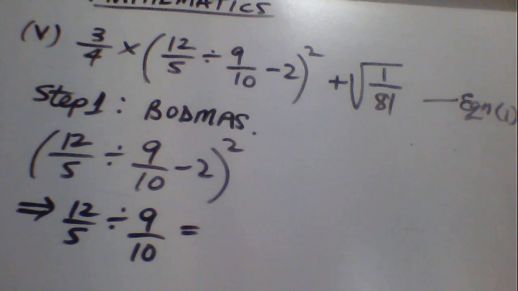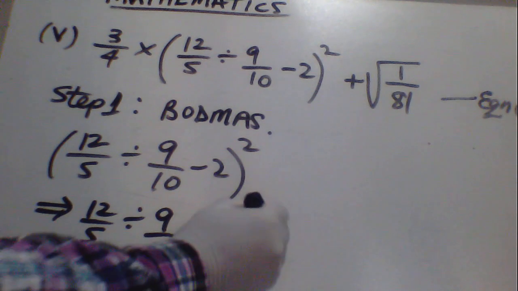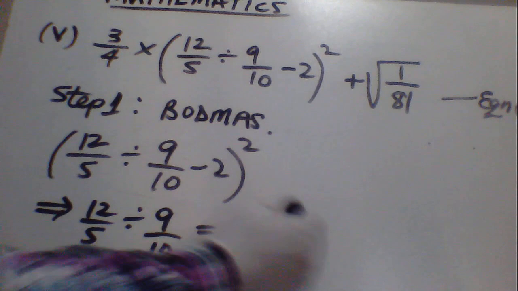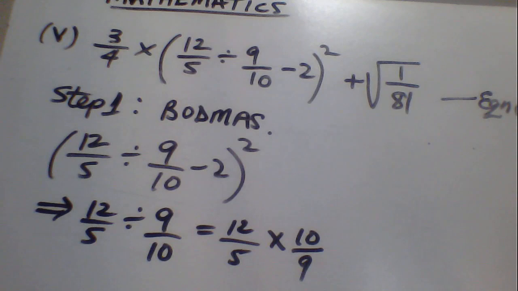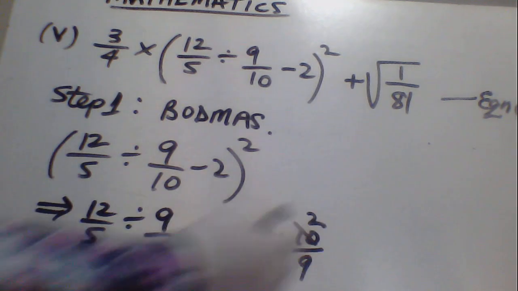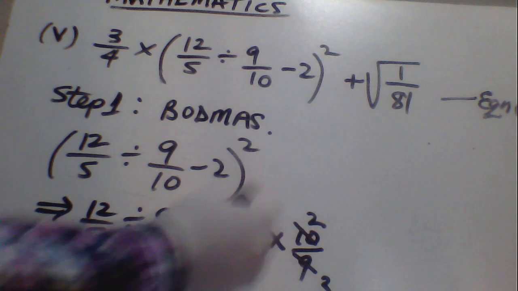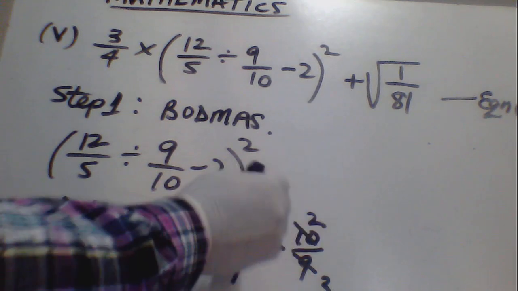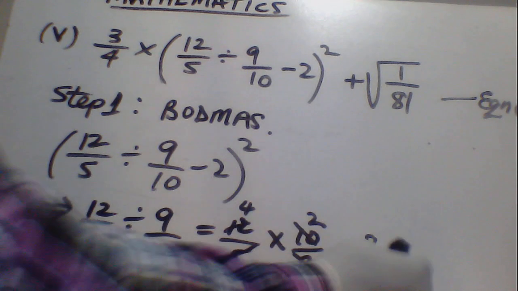If you have learned how to divide one fraction by another, this will be easy. You multiply the first fraction by the reciprocal of the second fraction. That is how you do division when two fractions are involved. Looking at it, 5 can divide 10 to give us 2. 5 divides itself to give us 1. 3 divides 9 to give us 3. 12 divided by 3 will give us what? 4. So 4 times 2 will give us 8. 1 times 3 will give us 3.